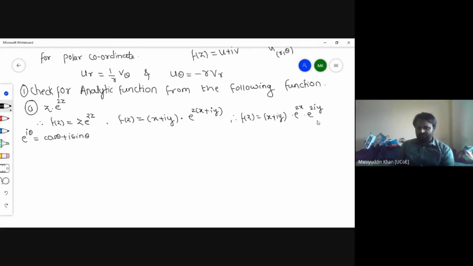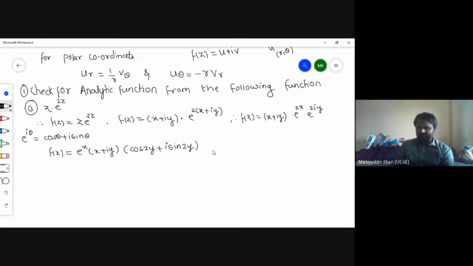So we have to use the same concept here in e raised to 2iy. So e raised to 2x as it is, x plus iy as it is, and e raised to 2iy will become cos of 2y plus i sine of 2y.